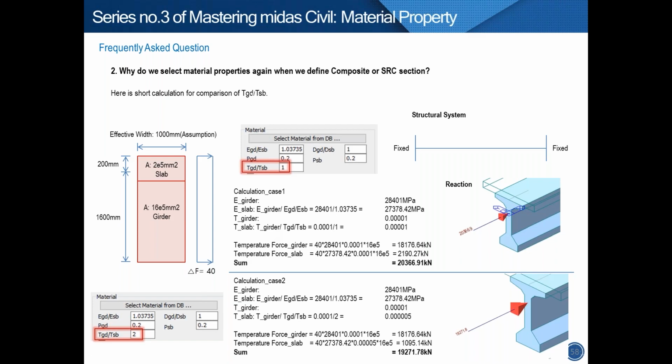In order to compare the effect of the thermal coefficient ratio in the composite section, I prepared this quick handy calculation. As a result, the results show different values according to the ratio of thermal coefficient. So in this case the thermal coefficient ratio is 1, and this case is 2. Those cases show the difference in the reaction here.